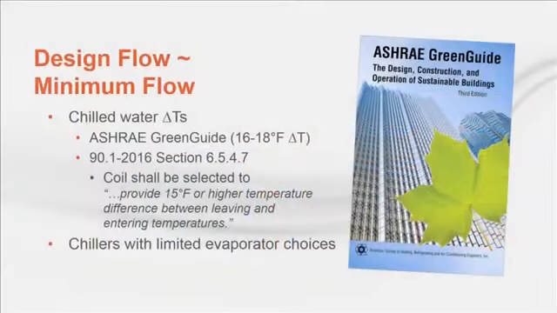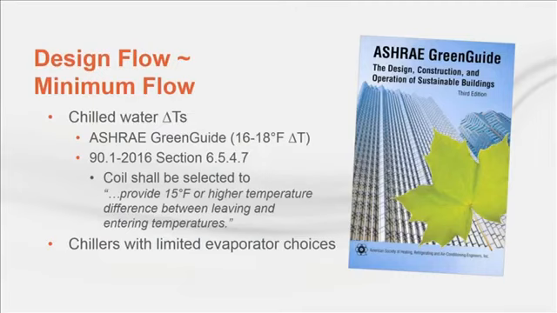Next, if the minimum evaporator flow rate is very nearly the design flow rate, there isn't as much pump energy savings available because water often has to be bypassed to maintain that minimum flow rate. As examples, this can happen if the system was designed using the ASHRAE Green Guide direction of 16 to 18 degree delta Ts.